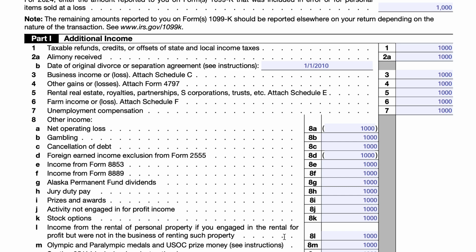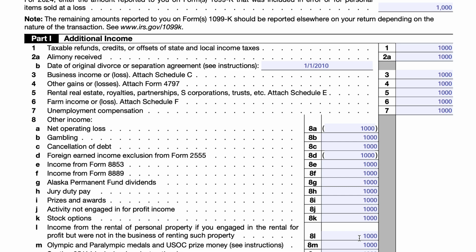So let's imagine that you're a homeowner renting a house out, and you had planned to put your furniture in storage, but your tenant worked out a deal where you agreed to rent that furniture to them for an additional $100 a month. That's personal property, so you would report that income. Again, you were engaged in that rental for profit, but you're not really in the business of renting couches and furniture and stuff like that.